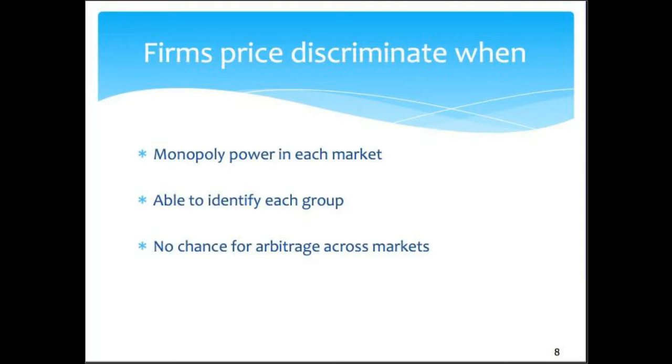Two, firms can price discriminate when they have some ability to identify which consumers should get the high price and which consumers should get the lower price. In other words, they've got to have some way of either identifying those groups of people directly or coming up with a pricing scheme that will allow those people to self-select into either the low or the high price.